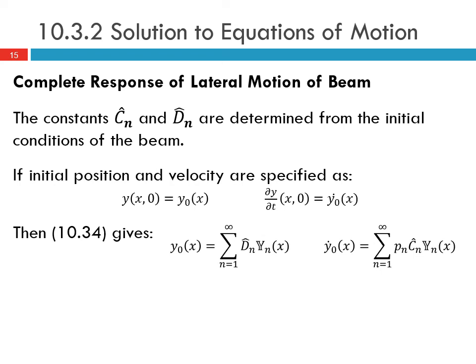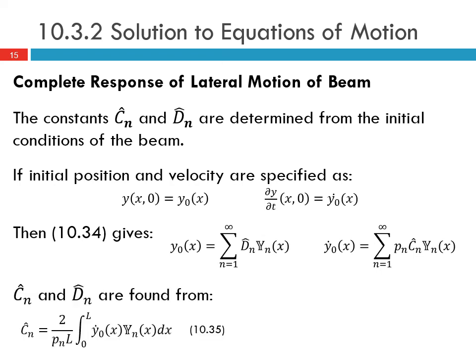Taking the derivative of that response equation gives us that the initial velocity y dot naught is equal to the sum, as n goes from 1 to infinity, of p_n c_n hat y_n of x. And using the orthogonality principle again, we can find c_n hat and d_n hat as shown here. So this allows us to determine the complete response of the beam when it is subject to lateral motions under a free vibration condition.